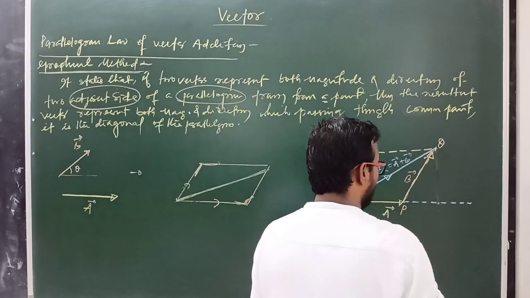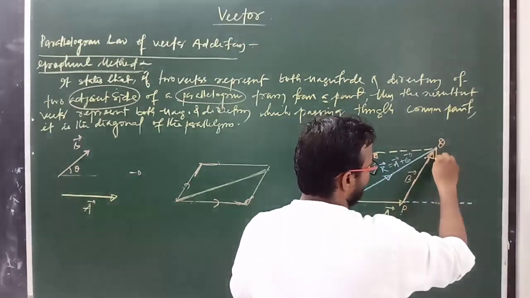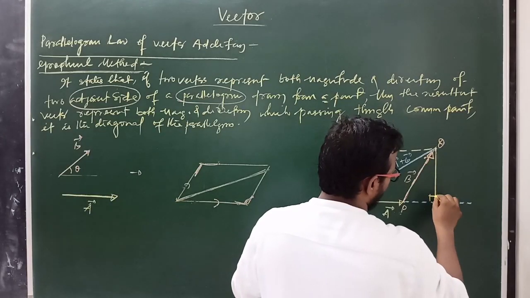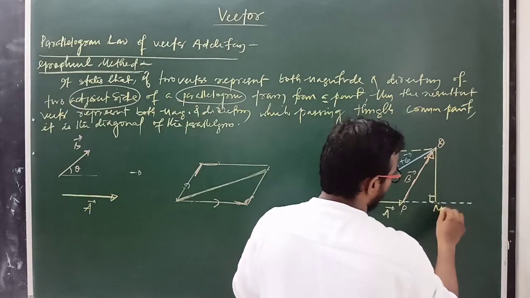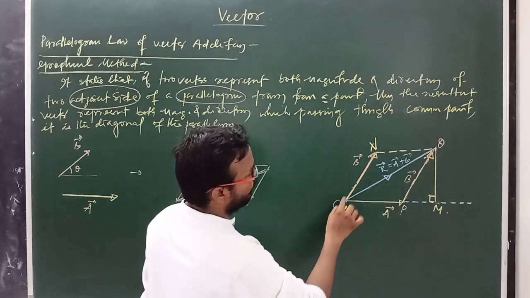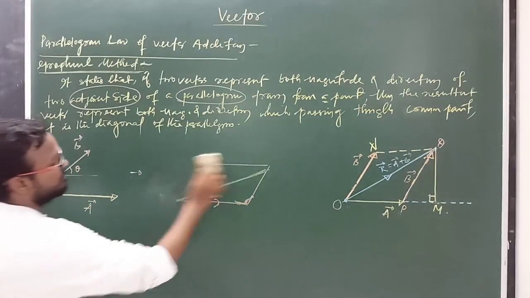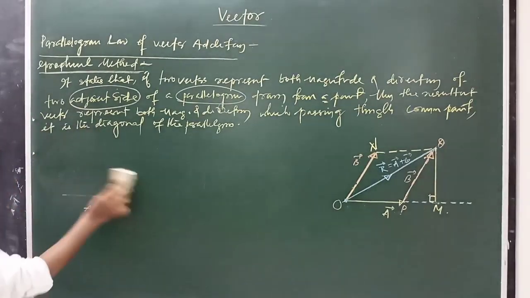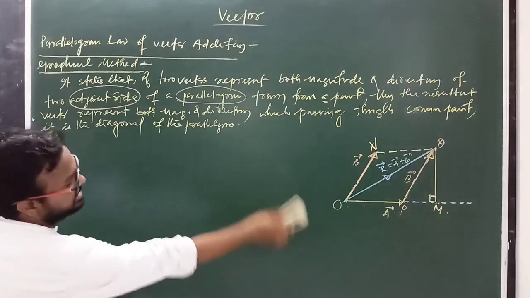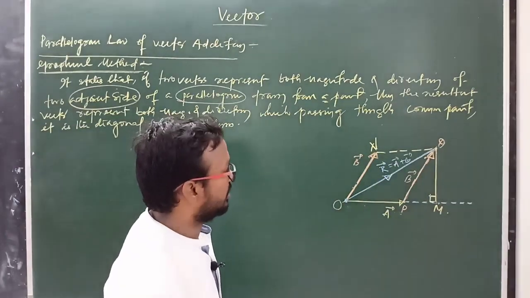This perpendicular meets OP vector at point M. This point is M. Suppose this point is here N. Clear? So OQNP is a parallelogram where the two sides are A and B. Clear? This is known as the graphical representation of a parallelogram.